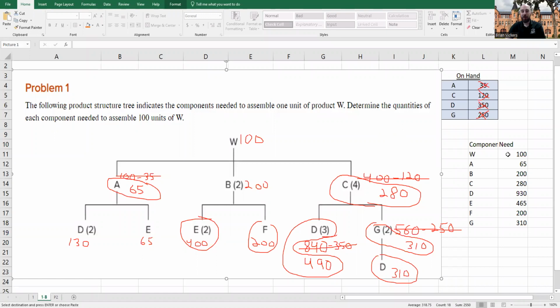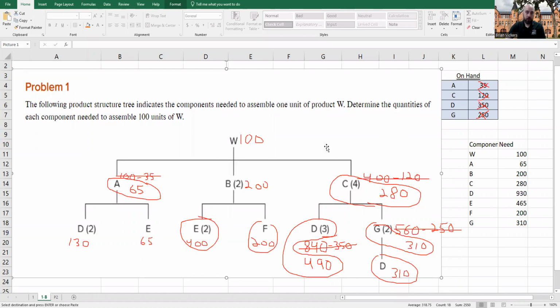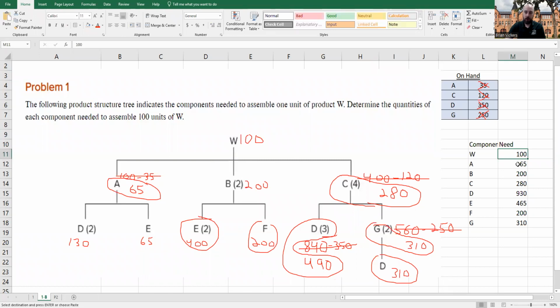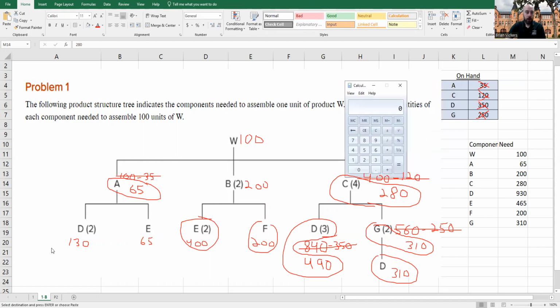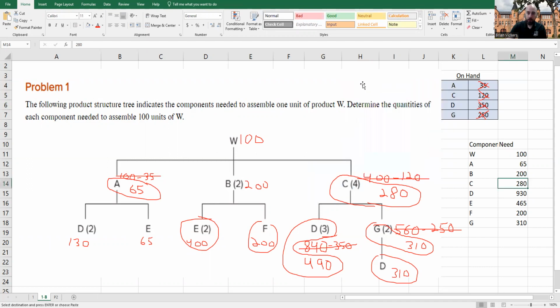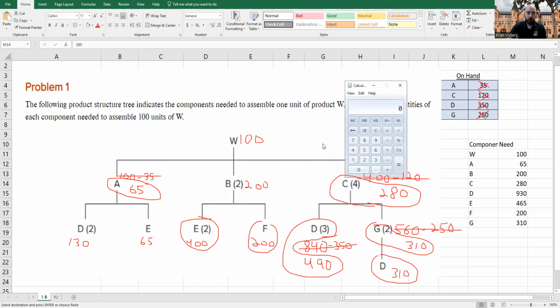So let's see if these all match up. 100 W's, yes. 65 A's, yes. 200 B's, yes. 280 of C, yep. D, so we've got 130 of it here, 130 plus 490 here, plus 310 here. Yeah, 930 total, matches up.